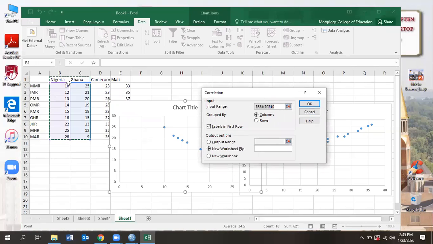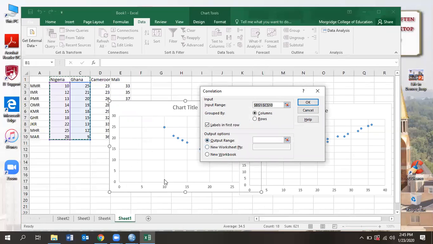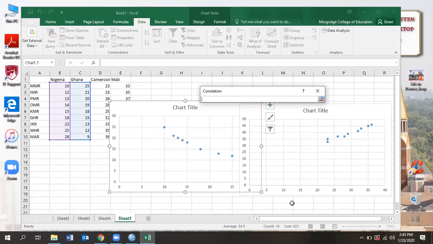And of course, Nigeria and Ghana is already selected. I want to group by columns, of course, and have my labels in the first row. So that means Nigeria and Ghana are the labels. And then for the output range, let's put it right below here.